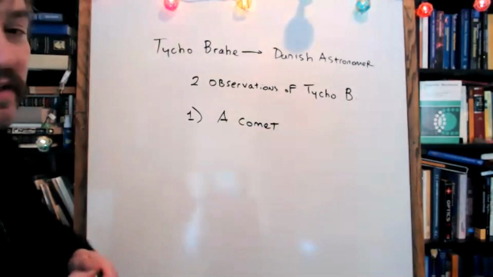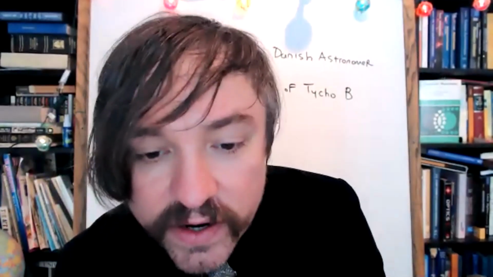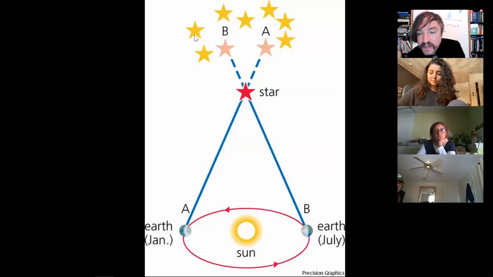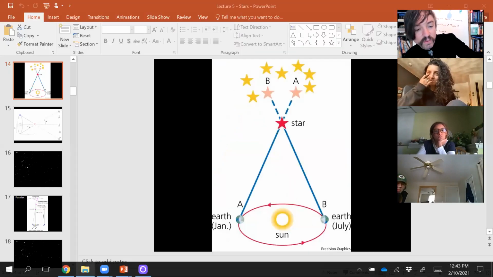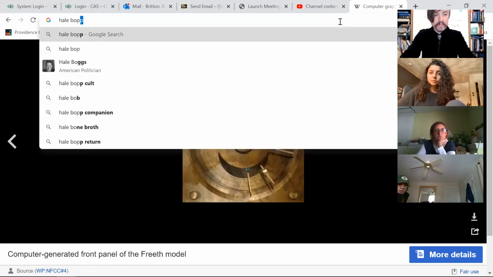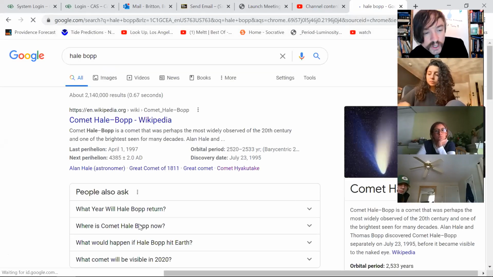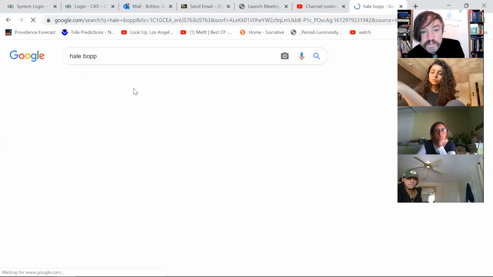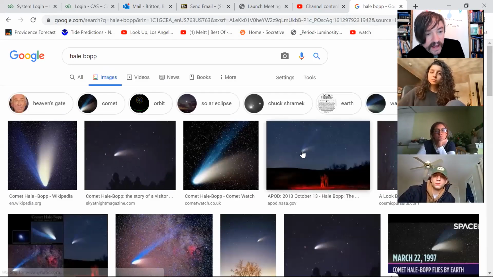Now, I don't know if you guys have ever seen a comet. There have been a few in the last several years. But when you go out and look at a comet, it's not like this little faint thing that's hard to detect. Well, they can be, but usually a legendary comet like Halley's Comet, or let's just look at Hale-Bopp, you go out at night and you see this brilliant fuzzball on the sky.